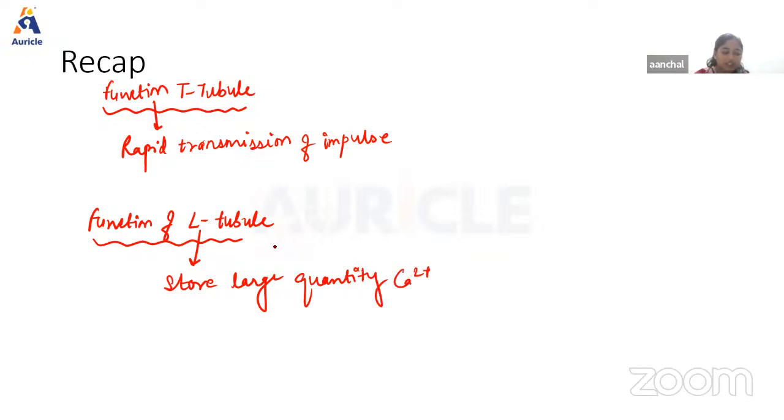Whenever the action potential reaches the cisternae of the L tubule, the calcium ions are released into the sarcoplasm, and the calcium ions trigger the process involving the contraction of the muscles. This is the cause of the excitation contraction coupling that we're also going to learn in today's class. So these are the functions of the L tubule and T tubule.